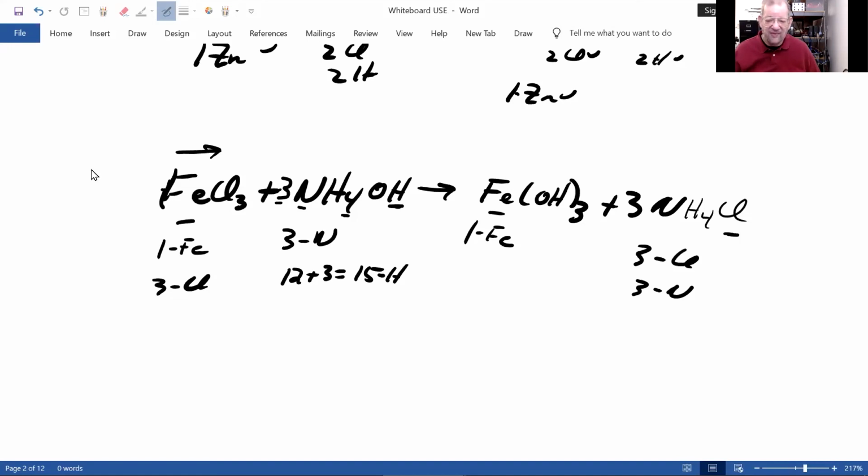Over here, I have in this 3 hydrogens. Over here, 3 times 4, 12 hydrogen. Wow, that equals 15 hydrogen. That's done. And the last thing to do is oxygen. And over here, 3 times 1, 3 oxygen. 3 times 1, 3 oxygen.